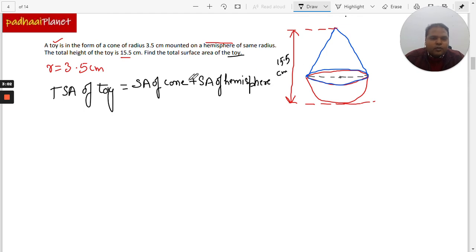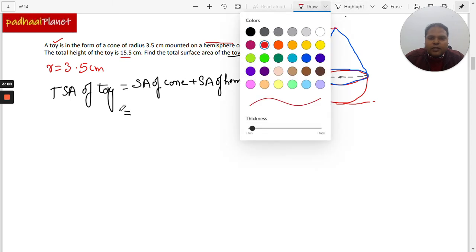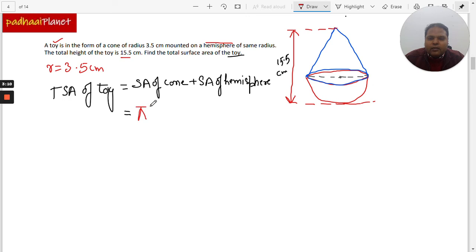So let's calculate the surface area of the cone, and the formula for that is pi RL, plus the surface area of the hemisphere, that's 2 pi R square. Now if we look at this formula, we already have the value of R with us, given here, so we can put the value of R in both these terms.